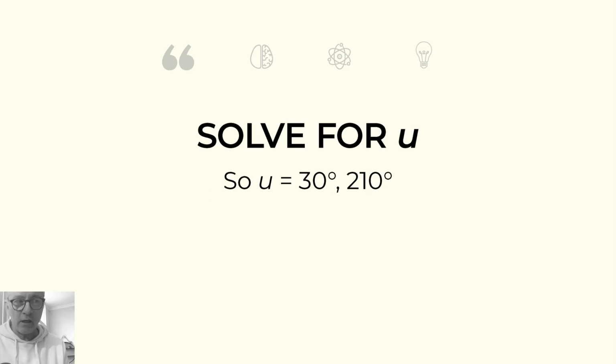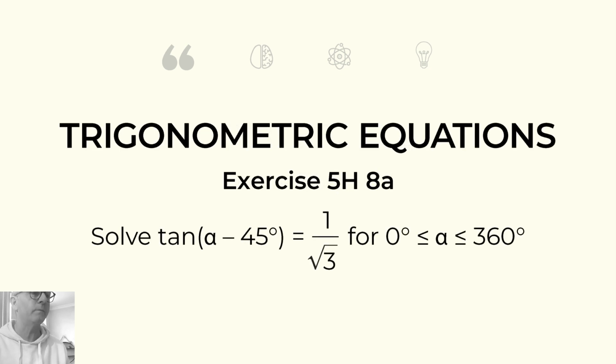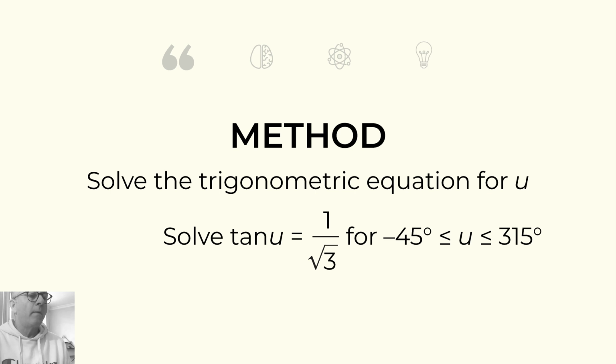Now we're just going to check this off against the prescribed domain. It says, look, alpha can be between 0 and 360 degrees, but we didn't find alpha, we found u. U is alpha minus 45 degrees. So our domain for u is negative 45 degrees, is less than or equal to u, which is less than or equal to 360 minus 45 degrees.